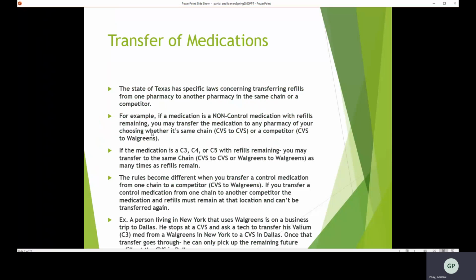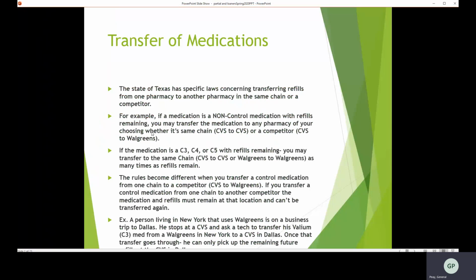So for example, if you transfer a medication from CVS on Plano Road to a Walgreens, let's say on Main Street, and assuming it has refills remaining, once you transfer it to that Walgreens on Main Street, it must remain there.